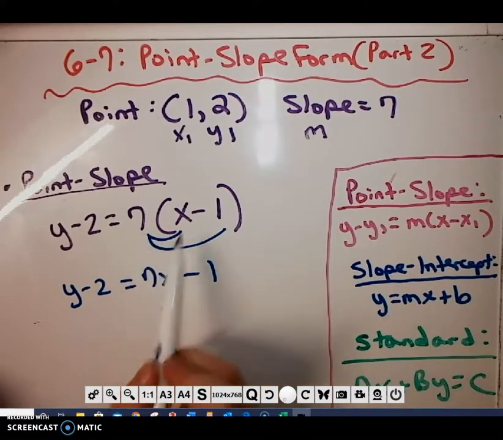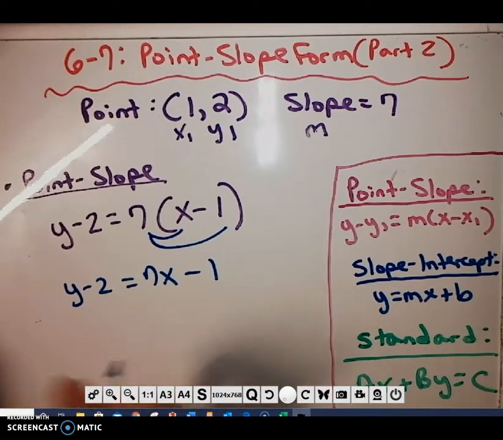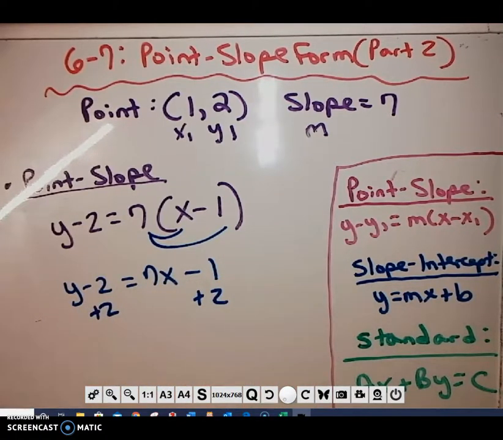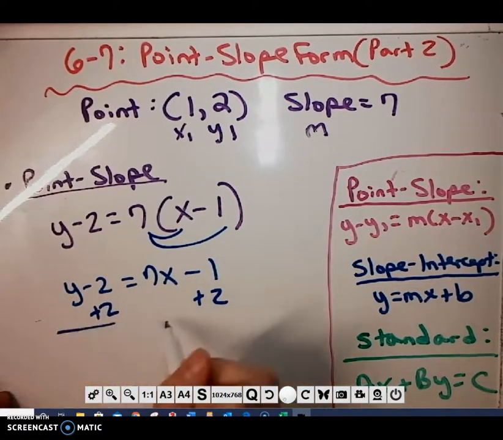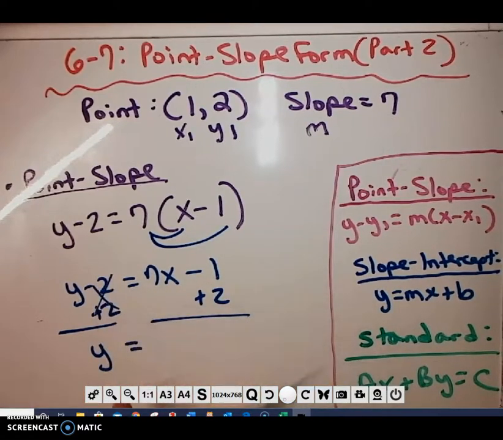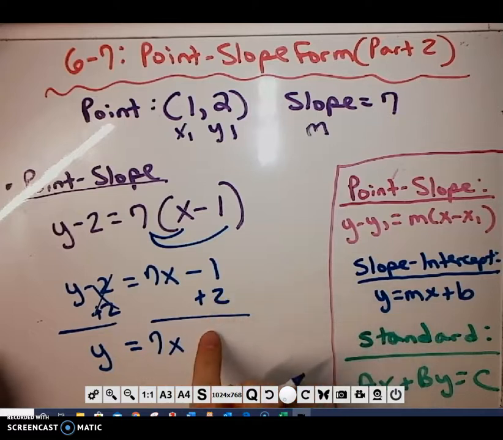Again, I just distribute 7 times x, 7 times negative 1. I'm using the banana method, if you will. 7x minus 7. Now I need y by itself, so I have y minus 2. I'm going to add 2 to both sides. Plus 2, plus 2. Now I'm just going to simplify, and I get y equals, these 2 cancel out, y equals 7x, negative 7 plus 2 is going to give me negative 5.